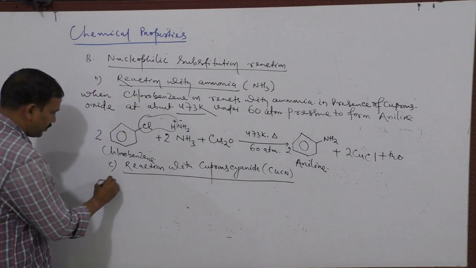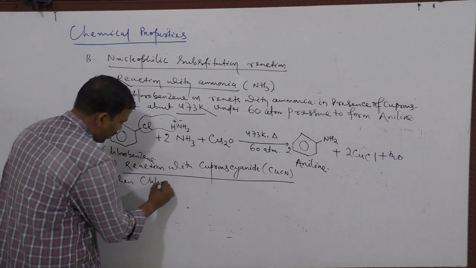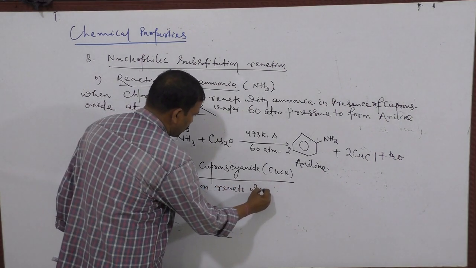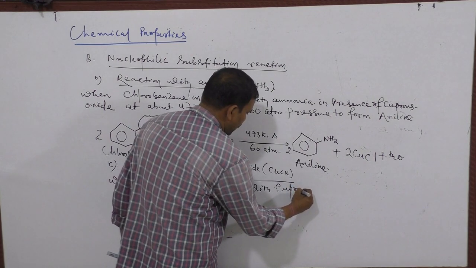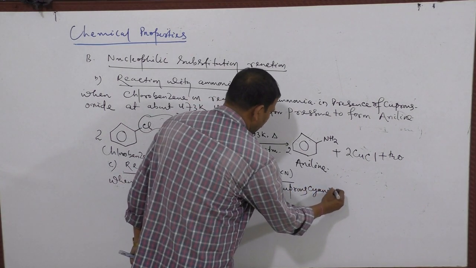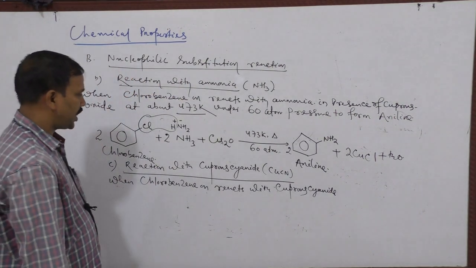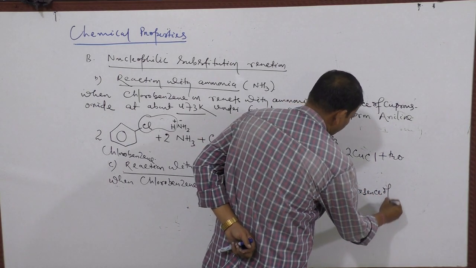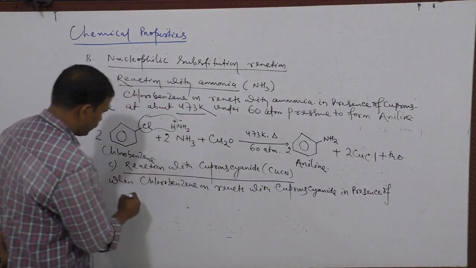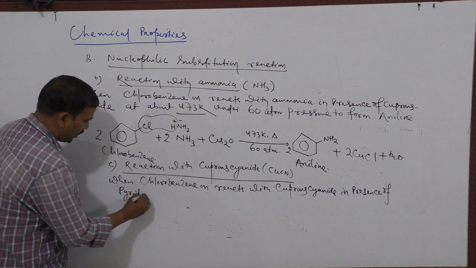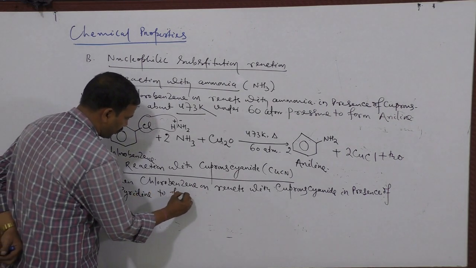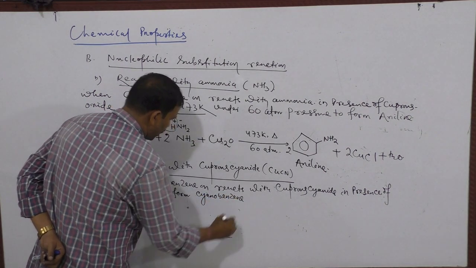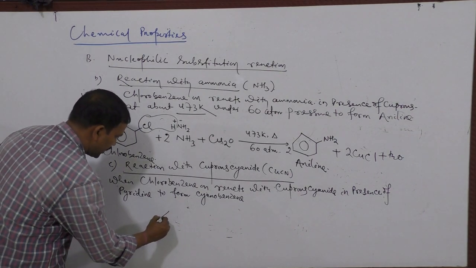When chlorobenzene reacts with cuprous cyanide, the nucleophile is CN minus, in presence of pyridine, to form cyanobenzene or phenyl cyanide.